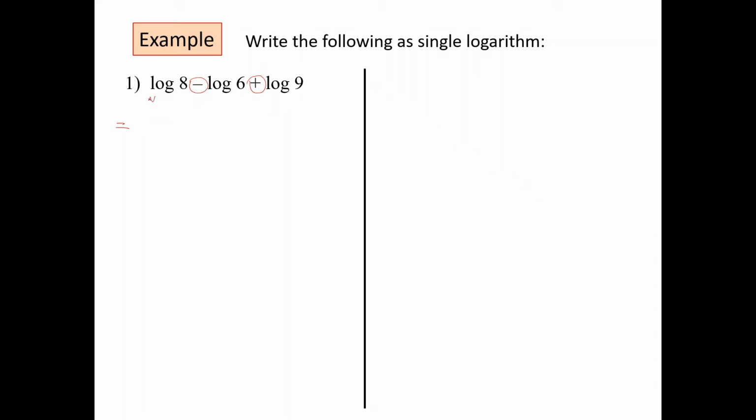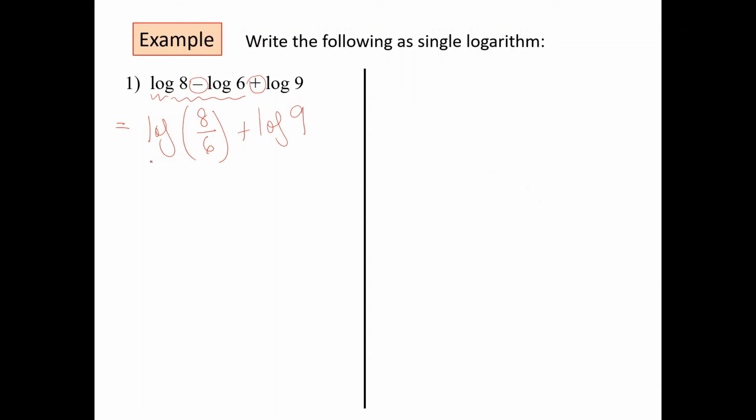So consider these first two logs here. Log 8 minus log 6, by applying law number 2 involving subtraction, we can have log 8 over 6 in the bracket plus log 9.